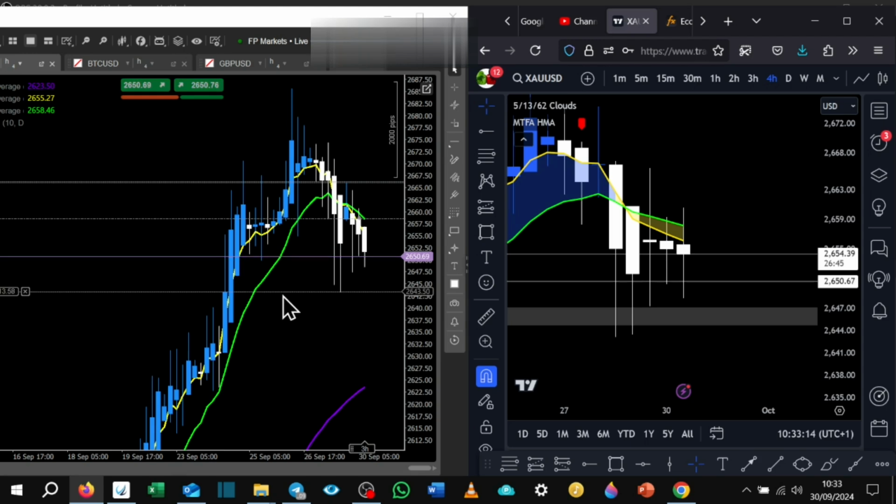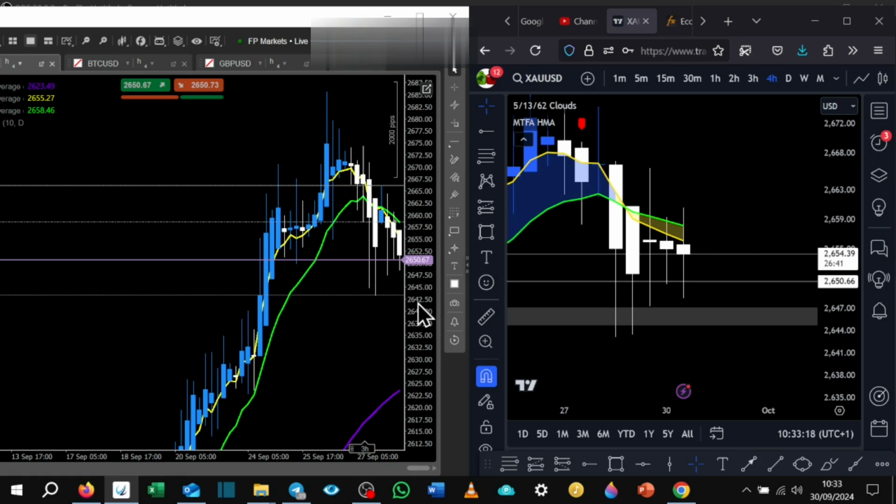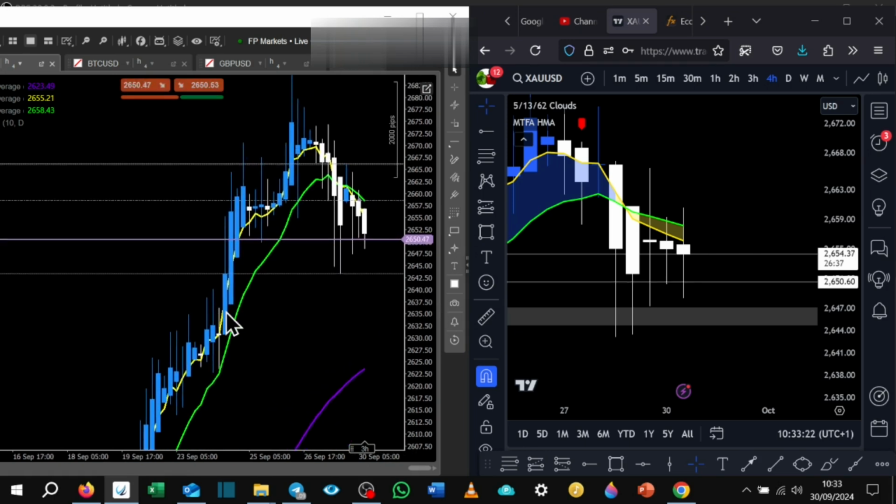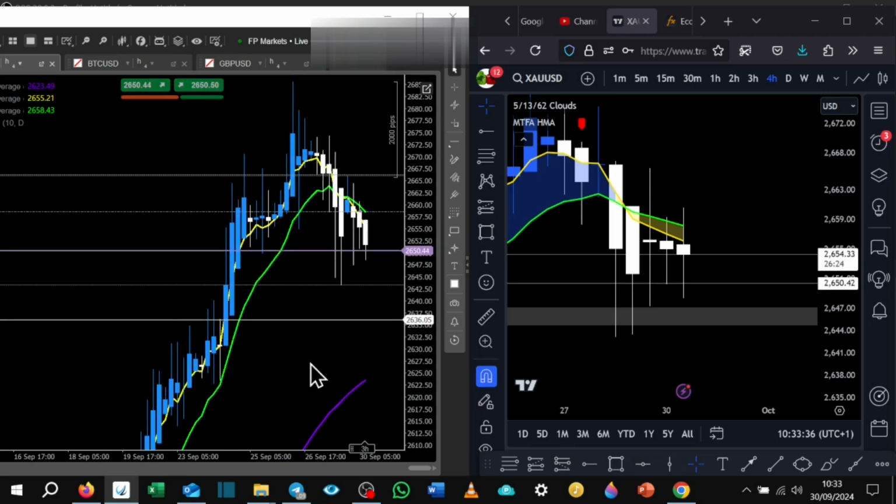TP1 I've got here, and this is currently... can't really show you what the profit is, but it's looking quite tidy. And then I've got targets to go down to, I reckon, this level here. This is where I reckon gold is heading towards. But anyways, looking at gold, the data is slightly different.